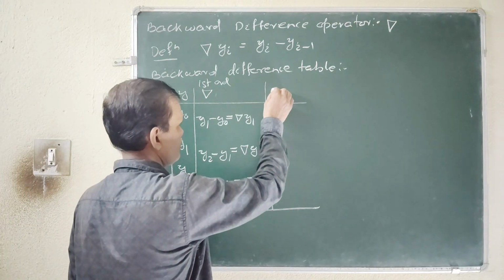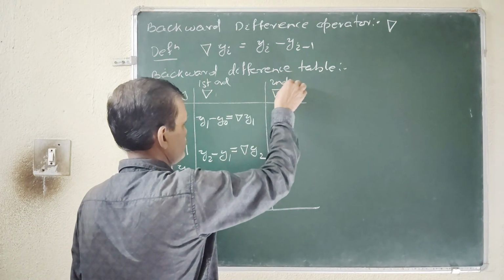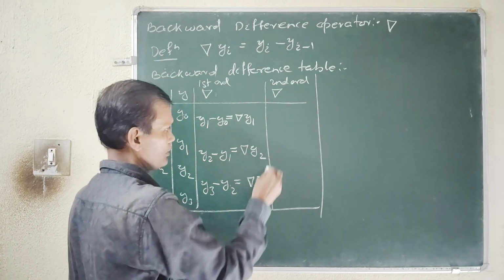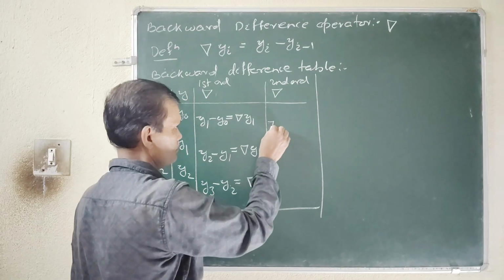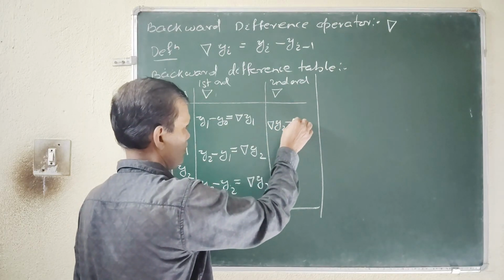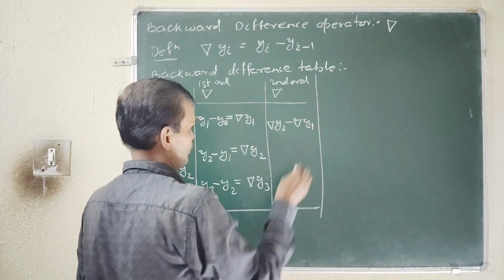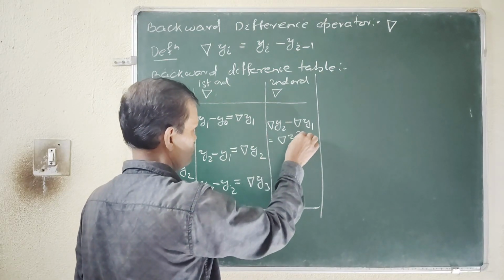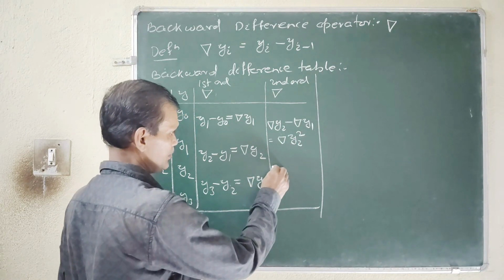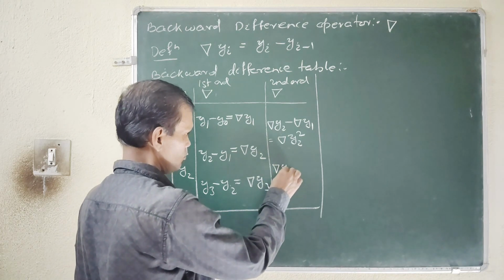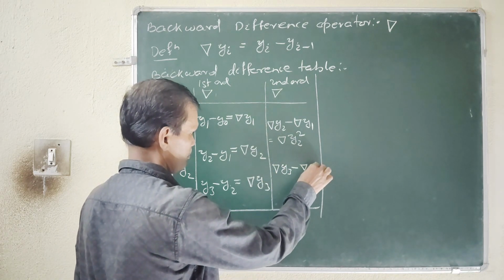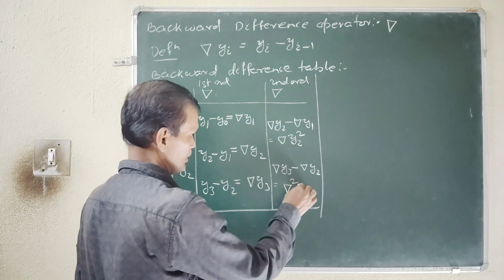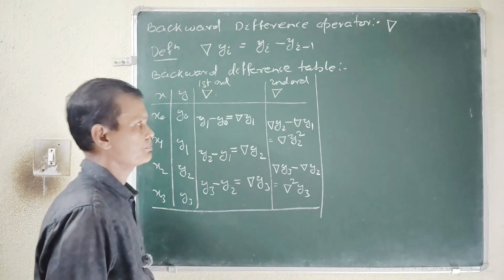Then you come to the second order backward difference. That gives backward delta y2 minus backward delta y1, which equals backward delta square y2. Similarly, backward delta y3 minus backward delta y2 is backward delta square y3.